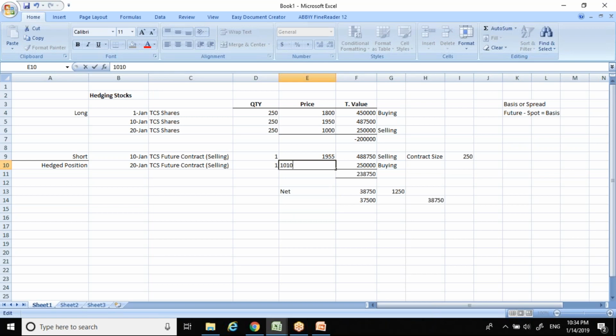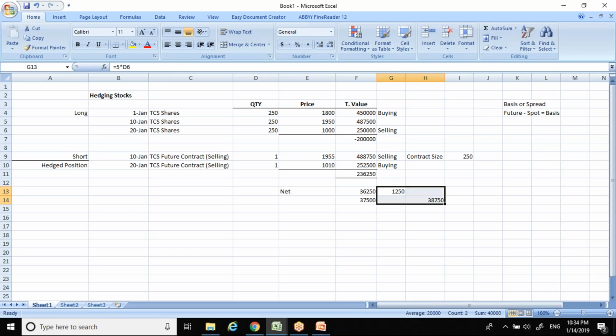So the spread increases. Now in this situation, instead of having extra profit, you lost some amount. So previously the profit was around 37,500. Now you are having less profit.